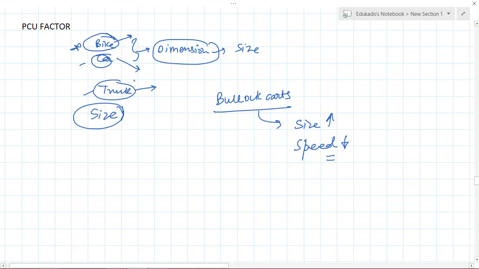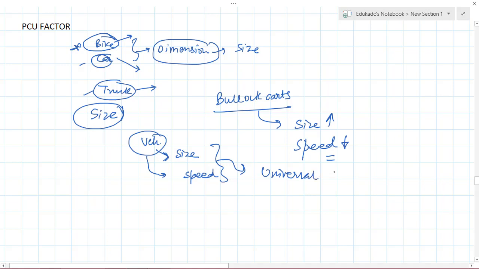So I need to understand that for designing a highway and understanding its flow and speed characteristics, vehicles must be looked upon using these two characteristics, size and speed. Based on these, there should be some universal unit for these so-called vehicles.